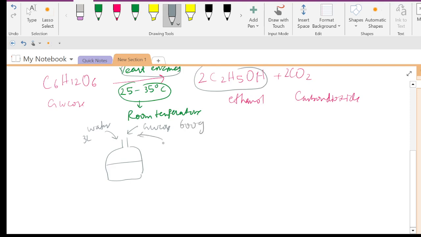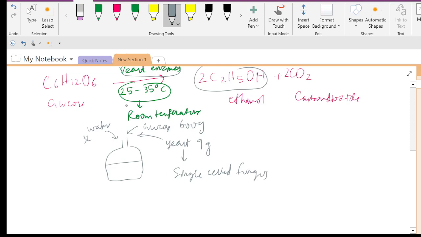Along with this, the yeast, around 9 grams, is put into the bottle. Actually, yeast is a single celled fungus.